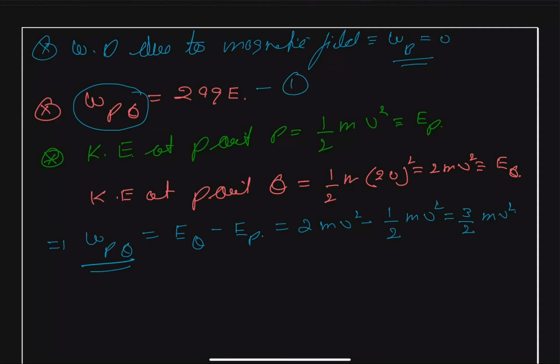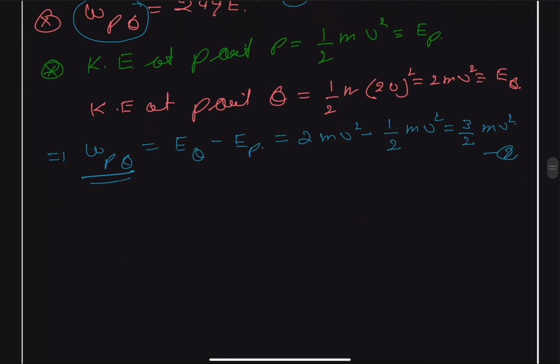So we can simply equate equations 1 and 2. From equations 1 and 2, we get that 2AQE is equal to 3/2 mv square. And from here we can find out the value of the electric field.